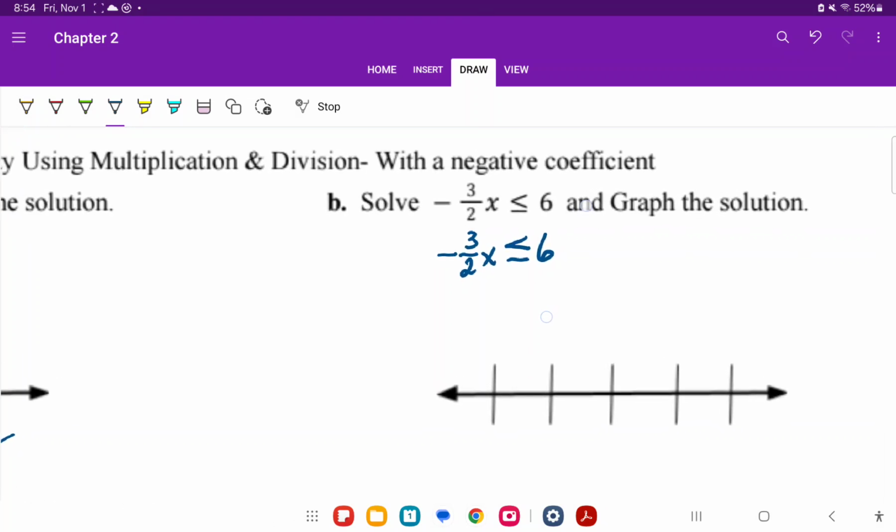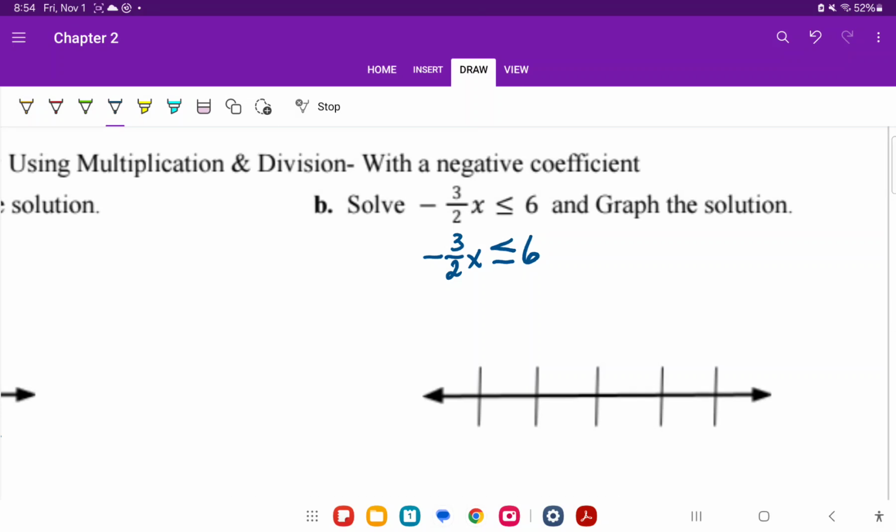Now, Carmen, if I want to deal with this negative 3 over 2, this fraction here, look right there on the whiteboard, on the top of the second board in the top left corner. How do I deal with this fraction? No, the x is over here. So I need to deal with this fraction.